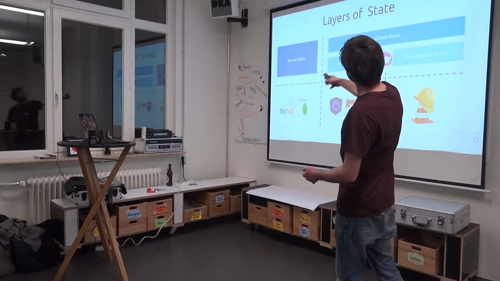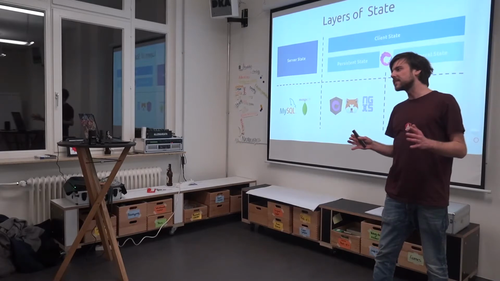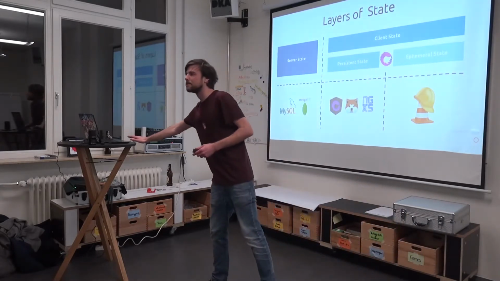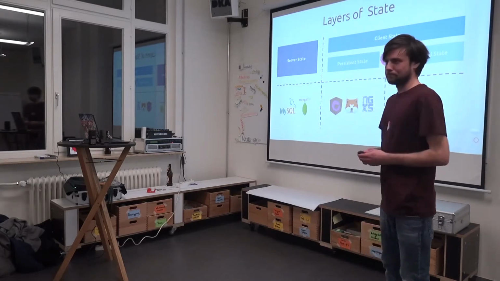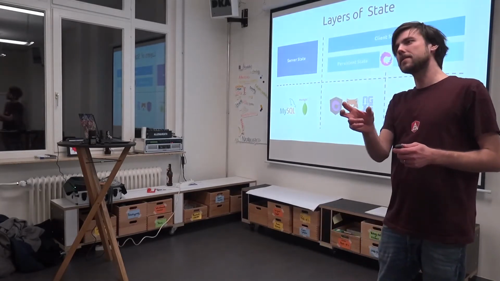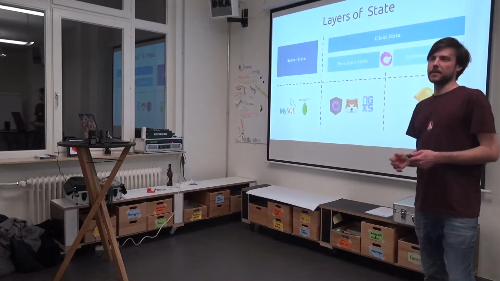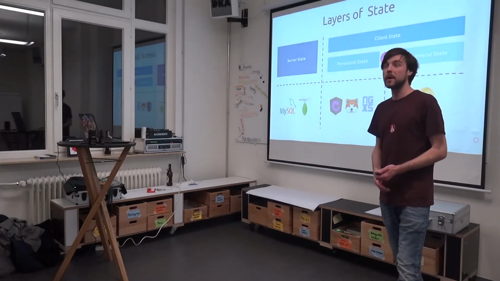On the other side we have client state, and this is all the data and all the state that lives on your machine for more or less time. I subdivided it in two categories, persistent state and ephemeral state. For persistent state, we already have some ways to manage it.